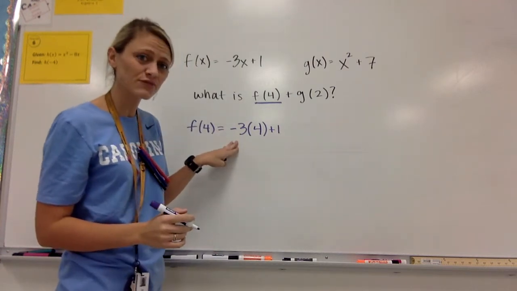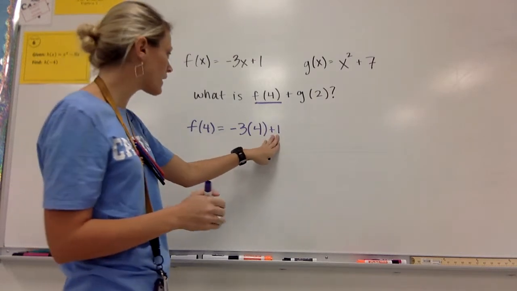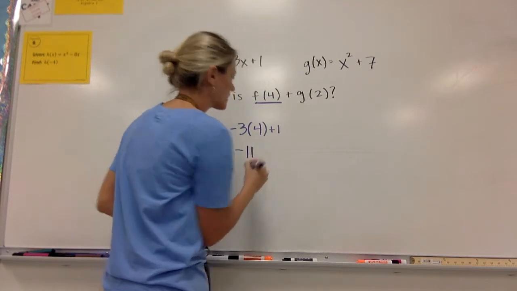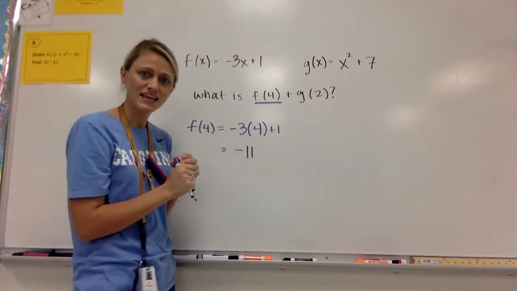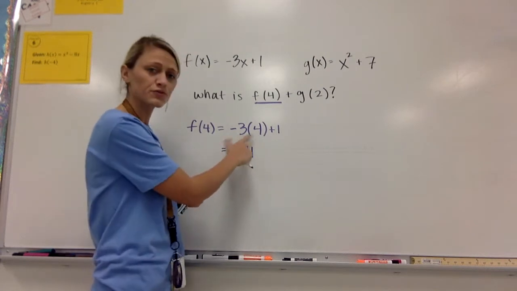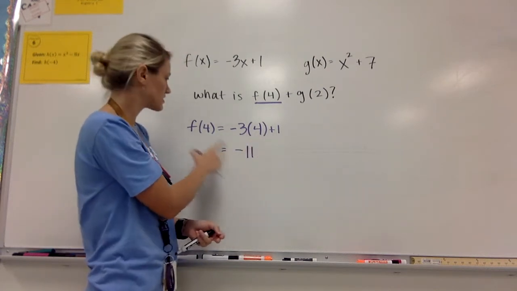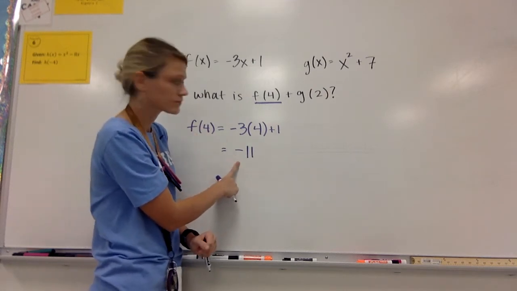So we've got negative 3 times 4 plus 1. That would give me negative 11. You can plug this into the calculator, or negative 3 times 4 is negative 12, plus 1 is negative 11. So f of 4 equals negative 11, okay?